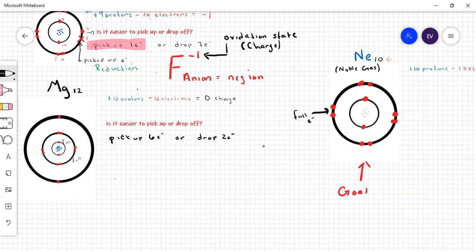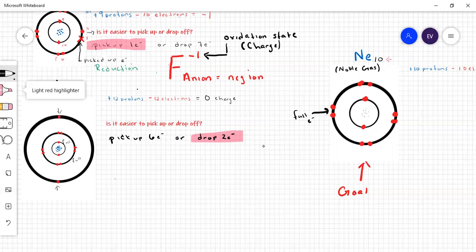So if I'm looking at magnesium, that has just two valence electrons, 1, 2, would it be easier to go out and try and find the 6 missing electrons to fill up the outer shell? Or would it be easier just to drop the 2 extra electrons it has on that shell and then have 2 full inner shells? Well, in this case, it's going to be easier just to drop those 2 electrons, right? It's going to be easier to just get rid of those guys.